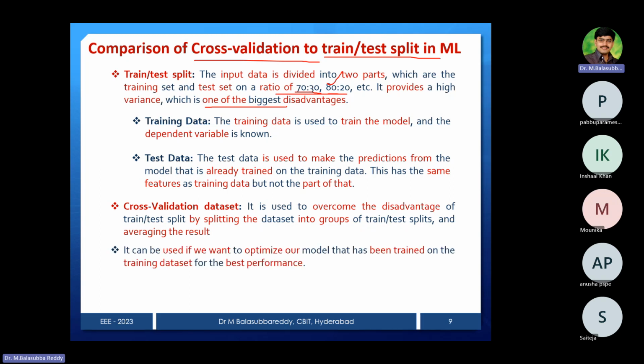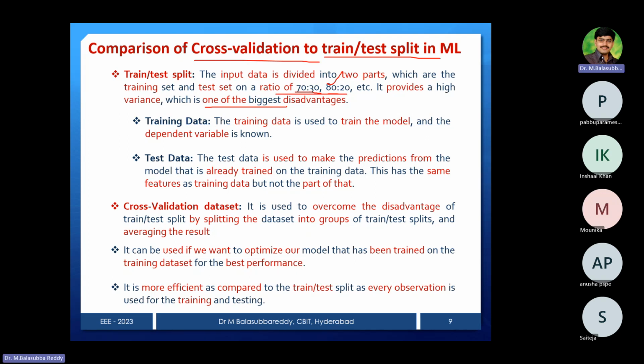It can be useful if you want to optimize a model that has been trained on the training data set for the best performance. It is more efficient compared to train/test splitting, as every observation is used for both training and testing.